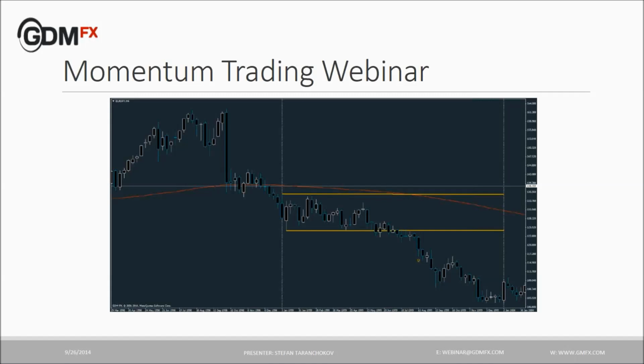We have a question, is it necessary to stay in front of the computer for a long time in order to use this strategy? Well, I did mention in the beginning, probably some of you joined later, this momentum trading strategy is extremely suitable to traders who have little time for trading, simply because it doesn't require so much time.